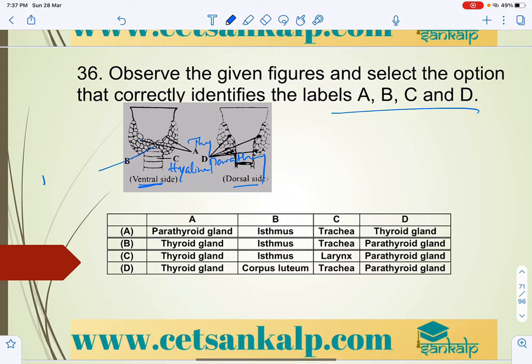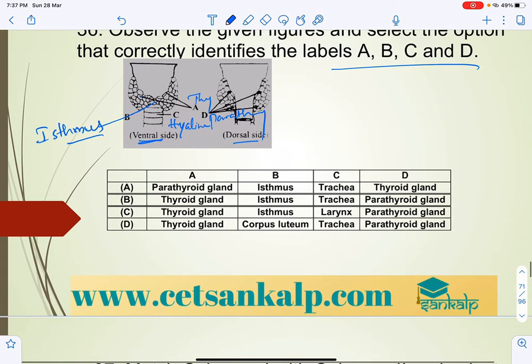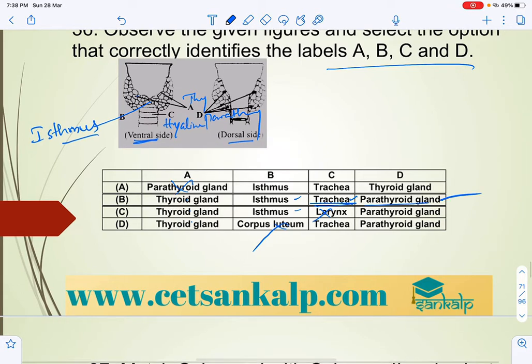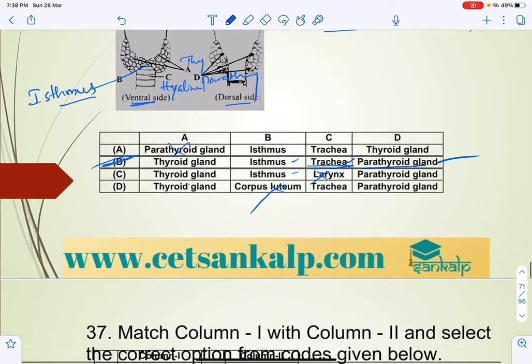B is isthmus, not corpus luteum, which is in the ovarian follicles. C is trachea, called windpipe, so that is eliminated. And the last one, D, is the parathyroid gland. So the answer is B for this question.